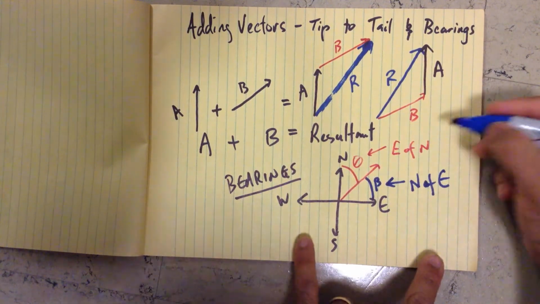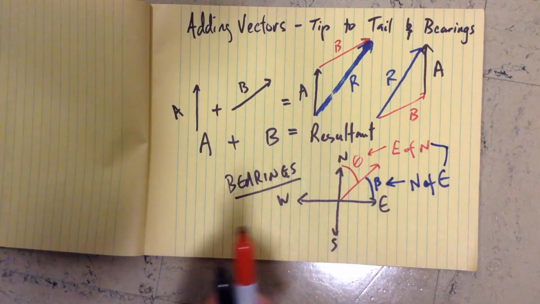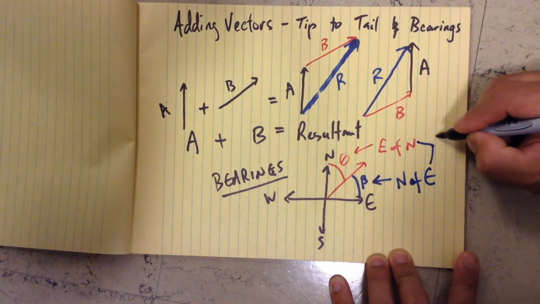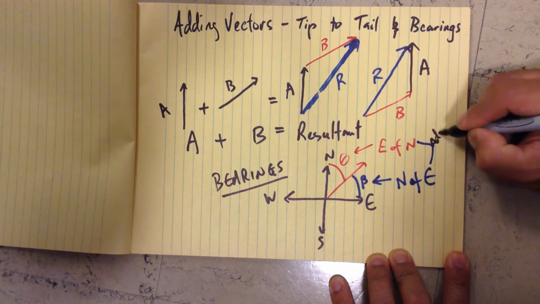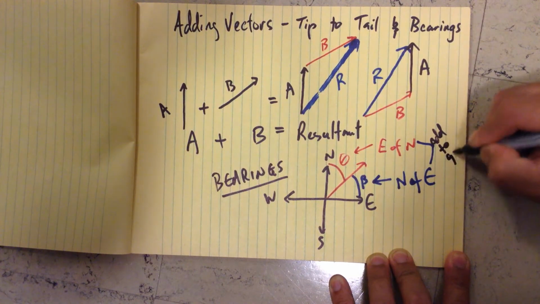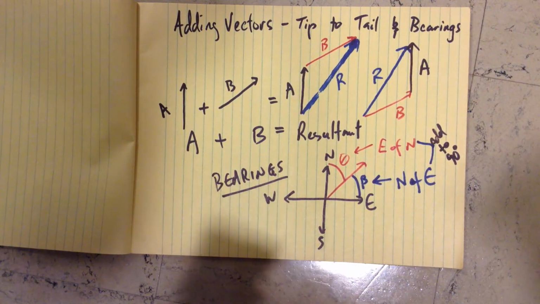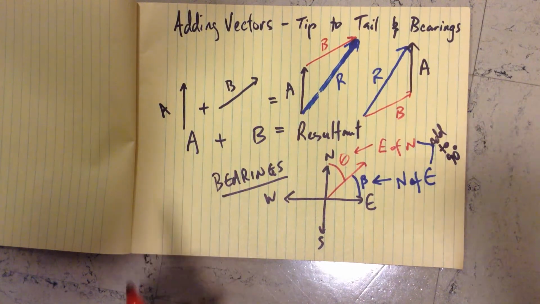Those 2 angles would add to 90 degrees. And both are correct descriptions of the bearing of an angle. They're just coming out from slightly different ways.